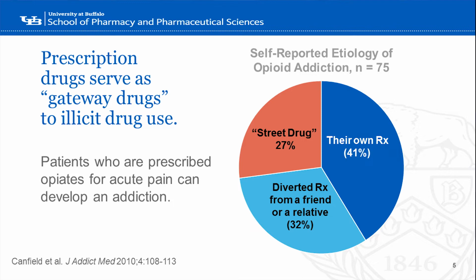Another third started using drugs from a prescription that was diverted from a friend or a relative. So this is only one step removed from a legitimate prescription. And then the final 27% started their addiction with illicit drugs. So you can see today that the majority of patients who are becoming addicted to drugs started with illicit prescription.